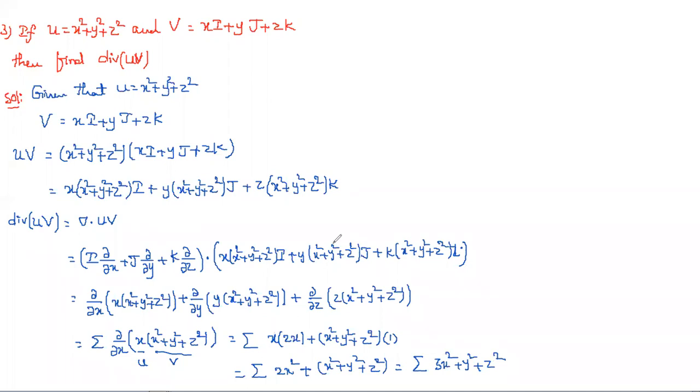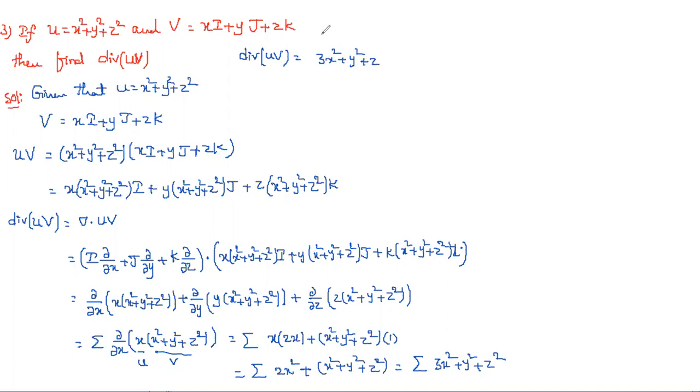Now if you expand this summation, the divergence of uV is equal to: first, with respect to x, we got 3x square plus y square plus z square.